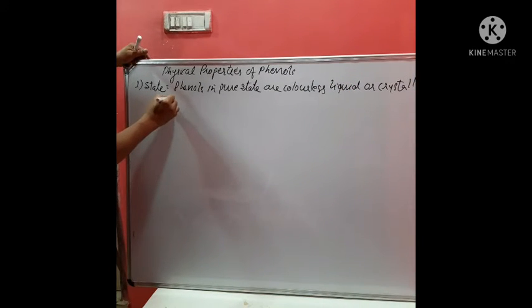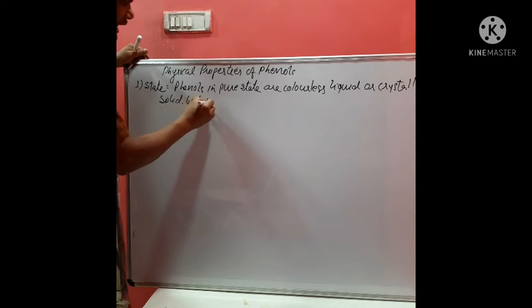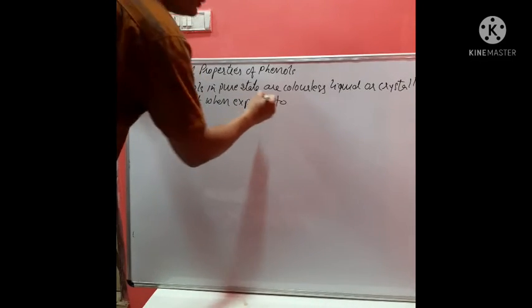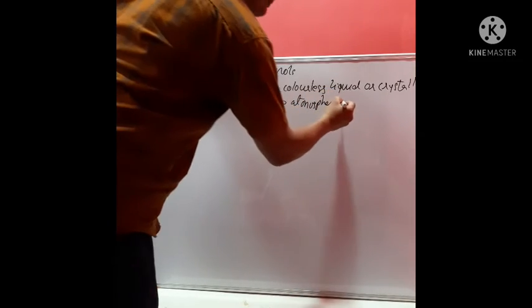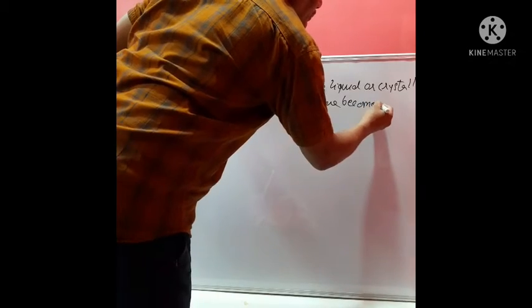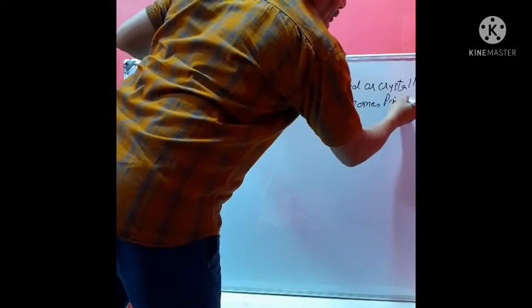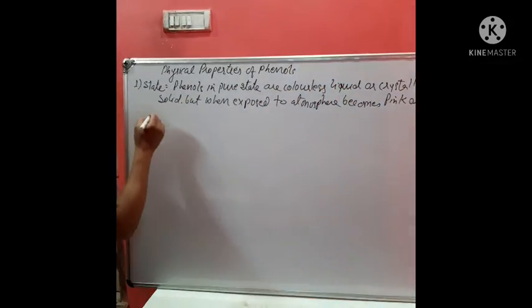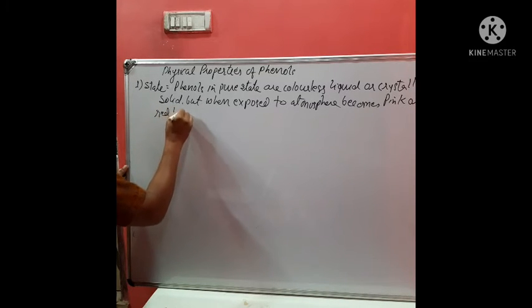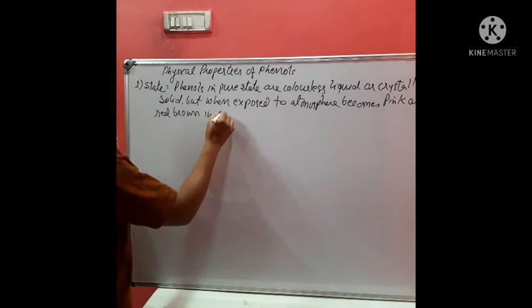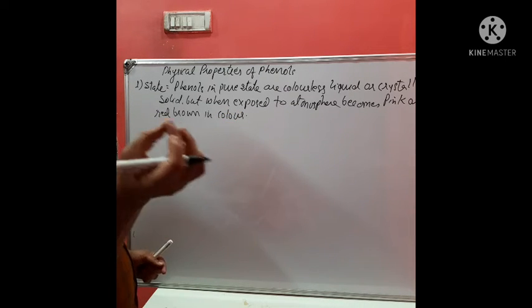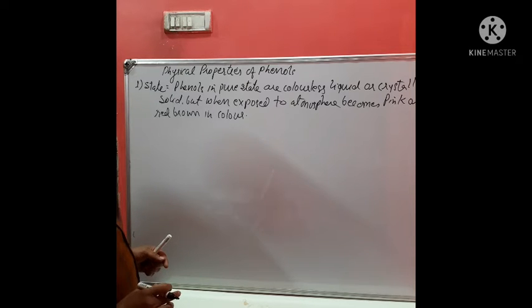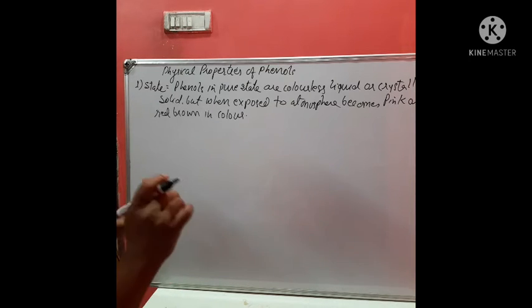But when exposed to the atmosphere, they become pink or red brown in color. Therefore, students, phenols are stored in brown-colored thick-walled glassware, so that their property remains the same.